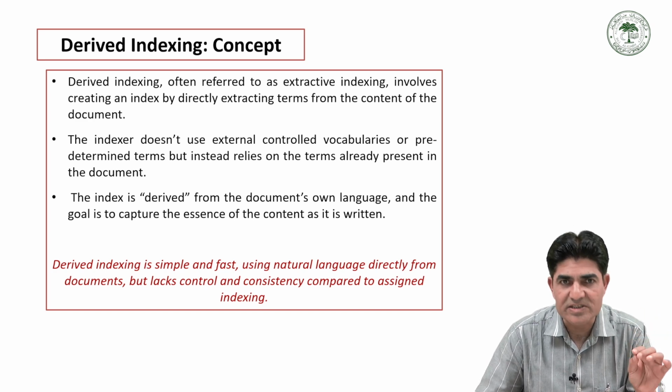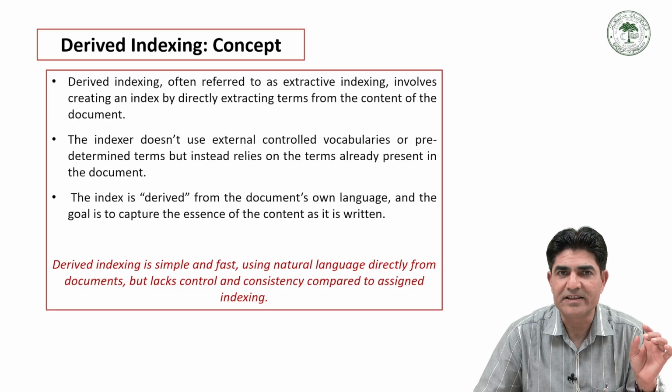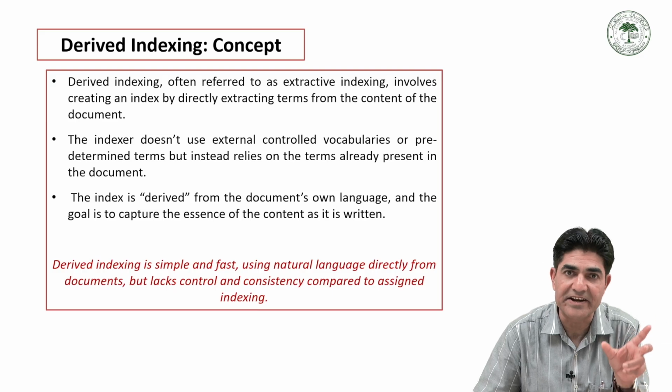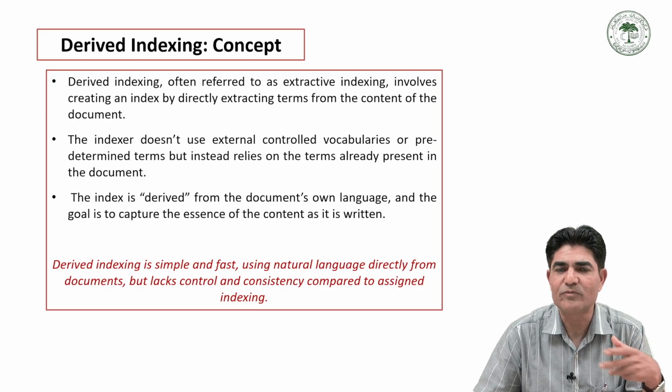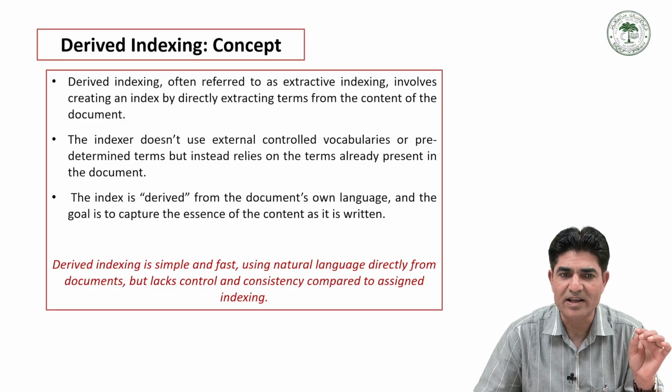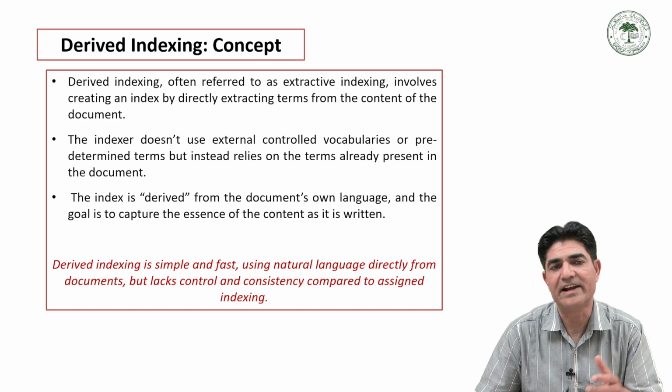As far as representation is concerned, natural language can be used, that is, the term extracted from the document can be used as the index entry term. It is simple and fast, but lacks the control and consistency of the assigned indexing system.